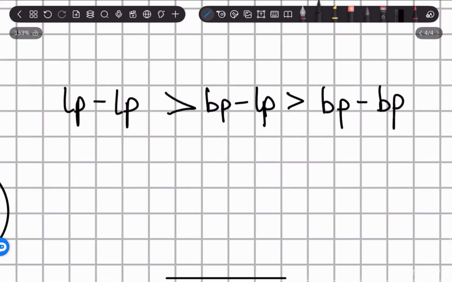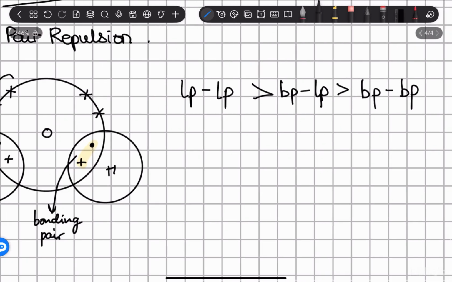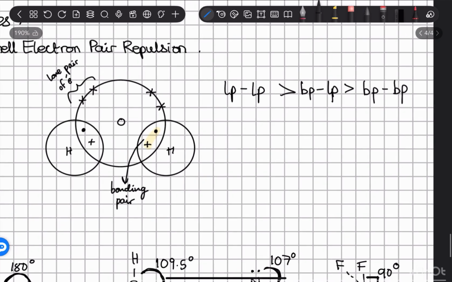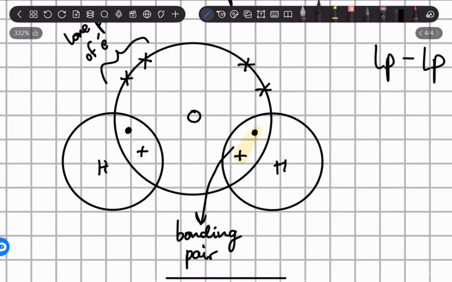And also the bonding pairs do not like getting close to each other. So it's basically like all like terms do not like being close to each other, and they like being close to the opposite ones. You can think of it as that. As we already know, like repels like and they attract the opposite.